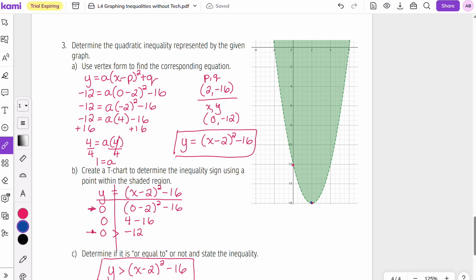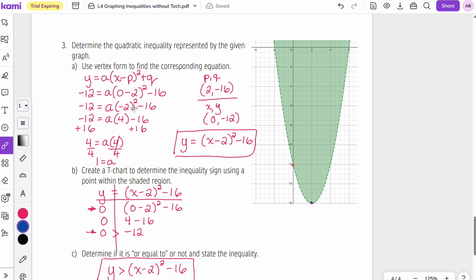So if you remember, vertex is P and Q, and other point is X and Y. So we're going to come up to our vertex form, and we're going to replace all our values. So our Y, A will be the only thing left, X minus P squared, and then plus our Q, which happens to be negative. And then we would look at solving this.